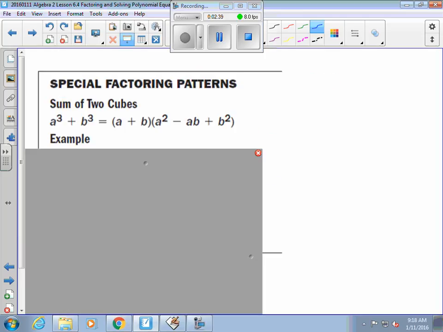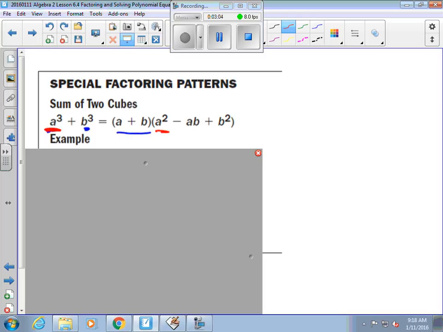Okay, special factoring patterns: adding and subtracting cubes. So right here, a cubed plus b cubed. What you do with this is you take this term plus this term. That's what goes first. Then you take the first term, a, and you have it squared.